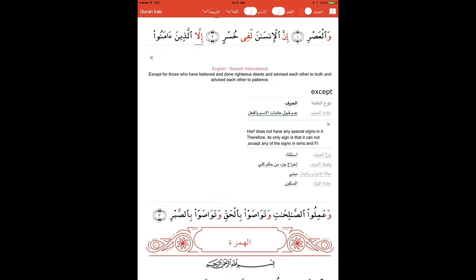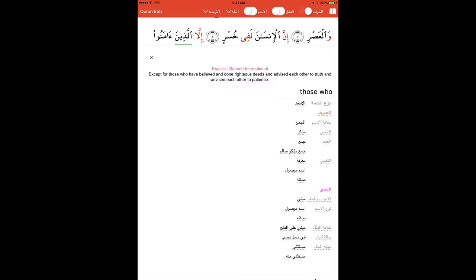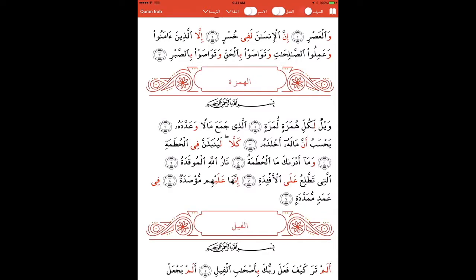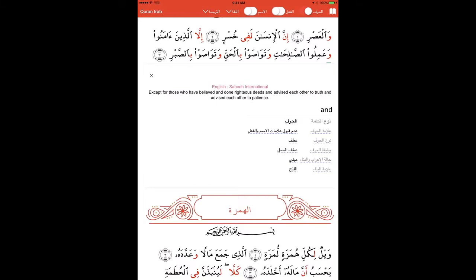Now, what portion is this? Allah says, إِلَّا الَّذِينَ آمَنُوا, except those who have iman, those who believed and did righteous deeds. So, إِلَّا الَّذِينَ آمَنُوا wa, you can see another harf there, wa amilu. Now, this wa is not the same as the first wa, wal asr. This wa is waw ataf.